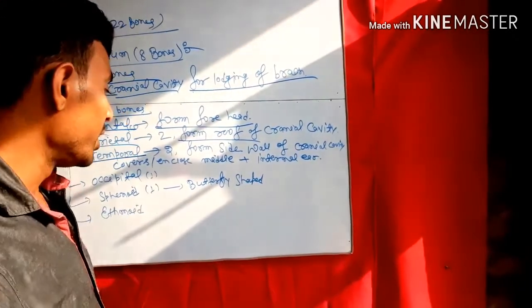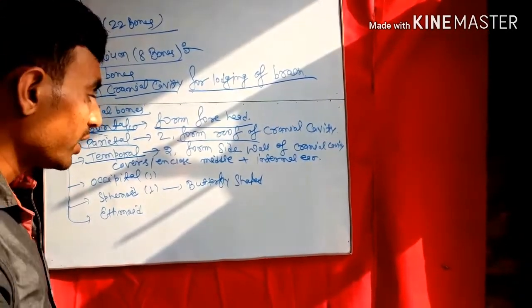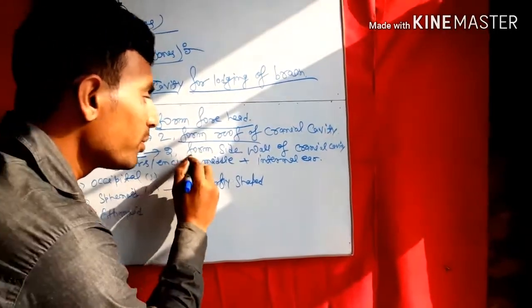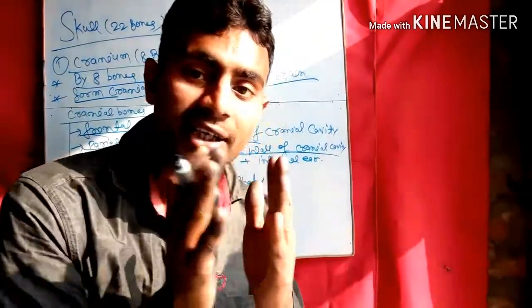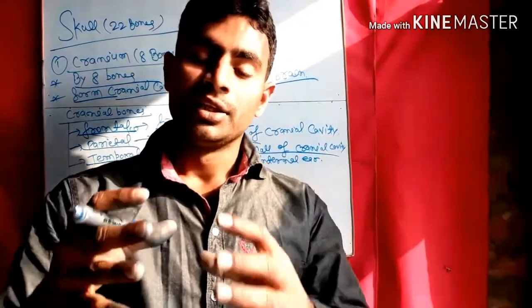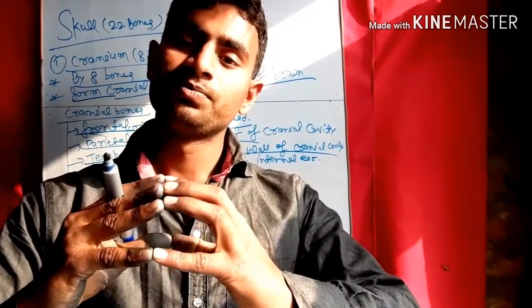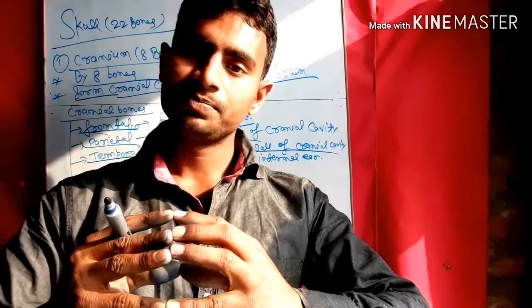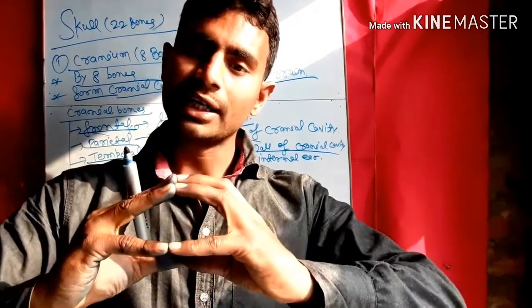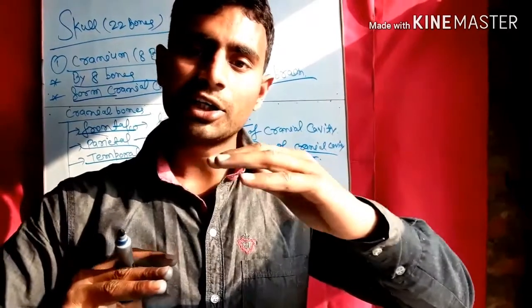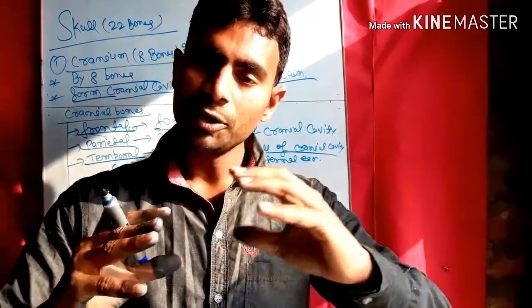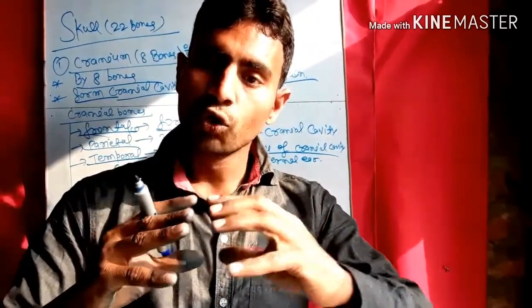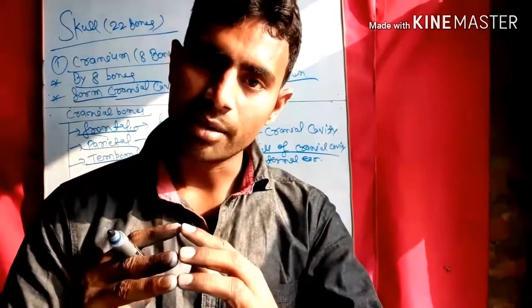Temporal is also one pair. Temporal forms the side wall of the cranial cavity. This is the cranial cavity from the upper side. Upper to the cranial cavity, the parietal bone is present, forming the roof of the cranial cavity.